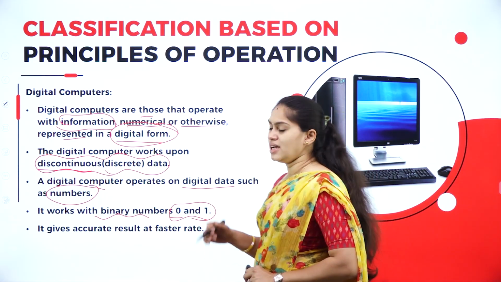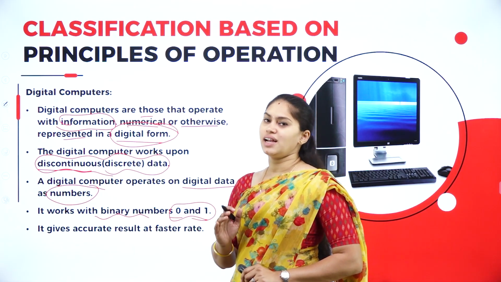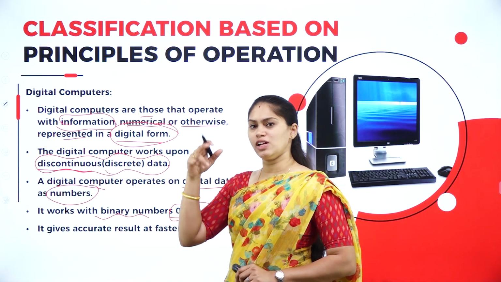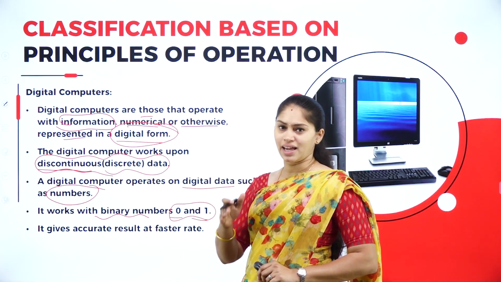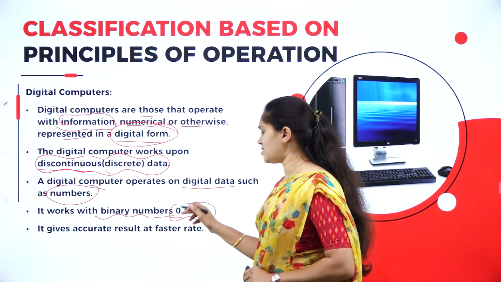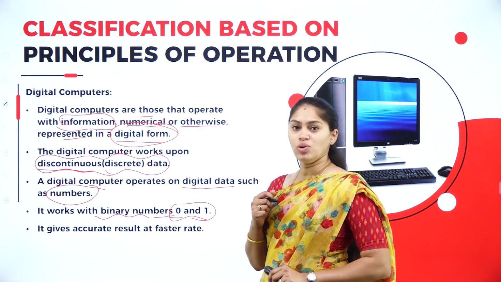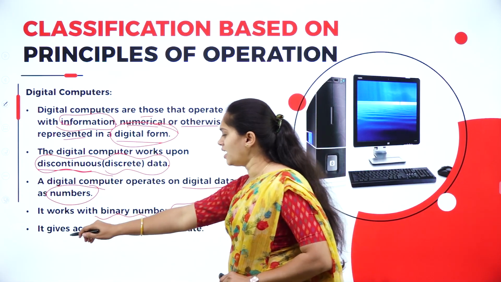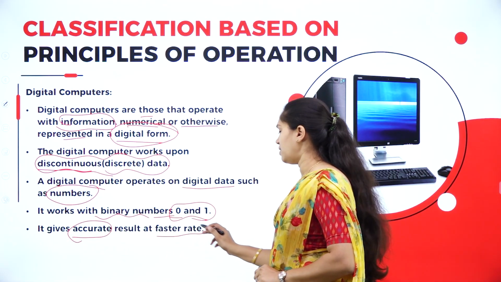If it is 0, then it is considered as off. If it is 1, then it is considered as on. So it is going to show us the electric pulses which are low and which are high. If it is 0, it represents low, and if it is 1, it represents the value high. And also you can consider that it will give a more accurate result than the analog computer, and it will be faster.